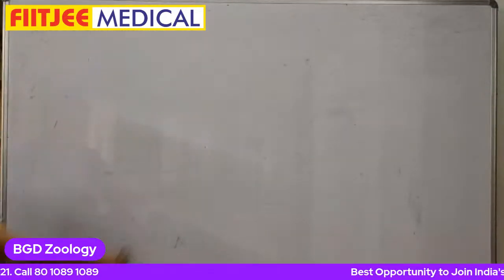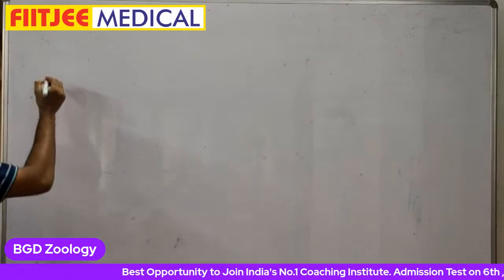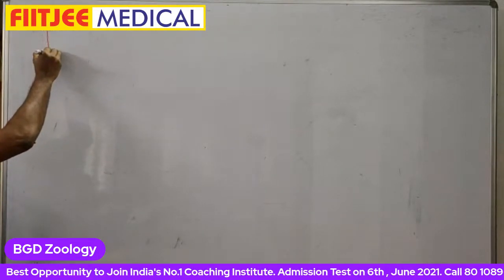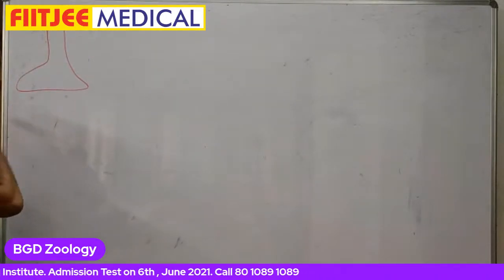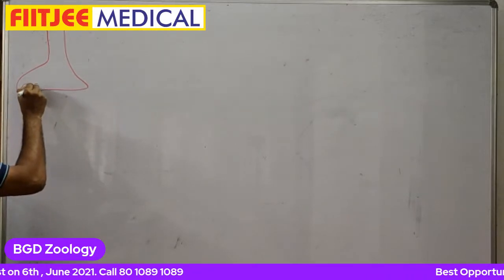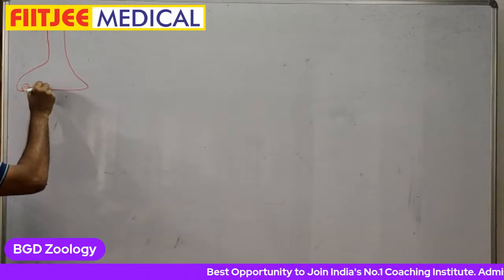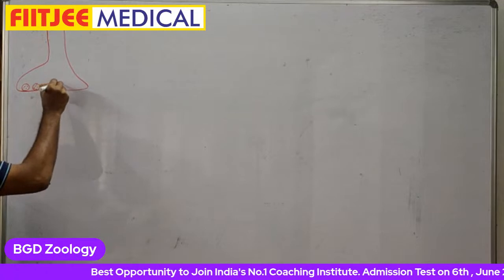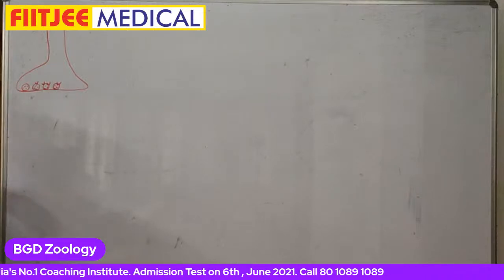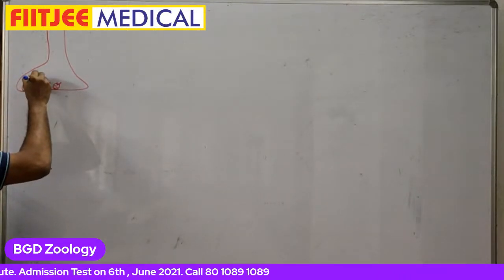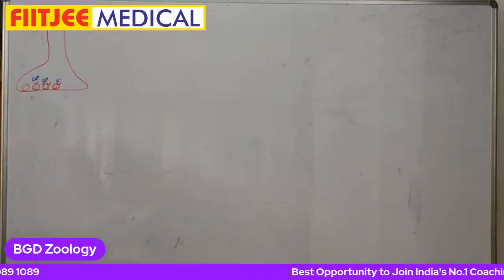So diagrammatically, I want to tell you everything again, because that will be very helpful. First of all, an axon is coming. They are bringing this particular depolarization. So acetylcholine is here, right? So acetylcholine vesicles have the calcium receptors. Right. Now, what is the next thing?